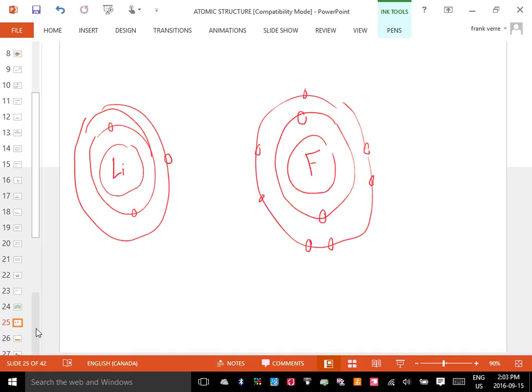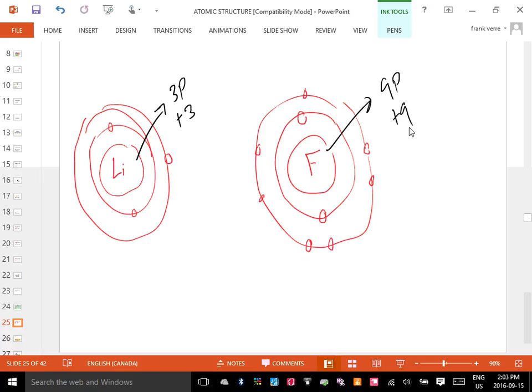Why? If you look at lithium, lithium has 3 protons, so the charge of the nucleus would be +3. But fluorine has 9 protons. In other words, the nucleus is +9. So which of the two has a stronger nucleus? This one.